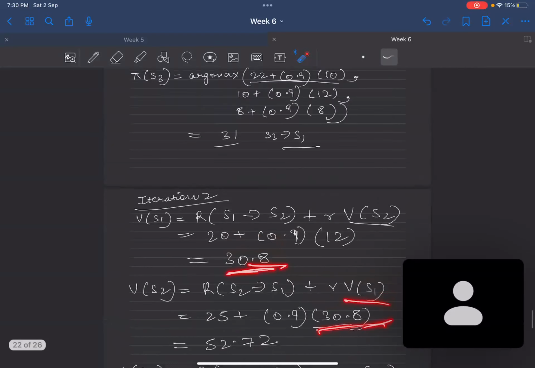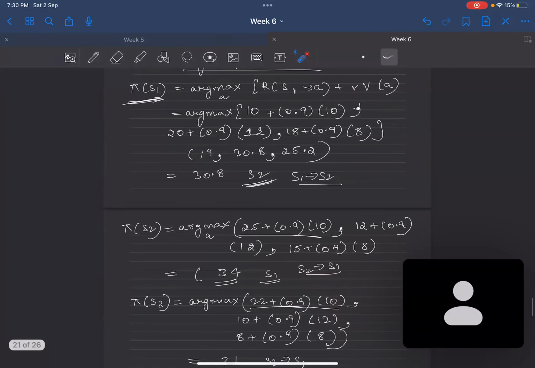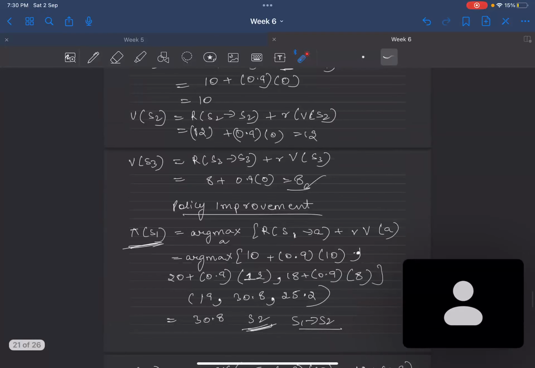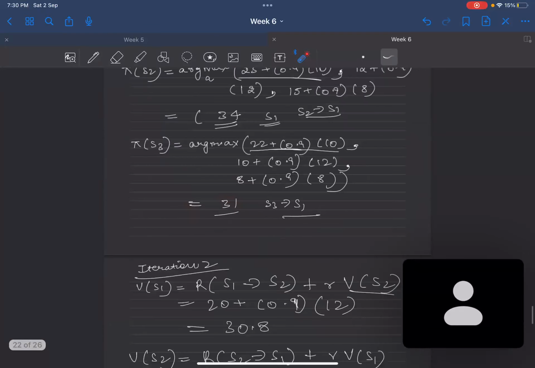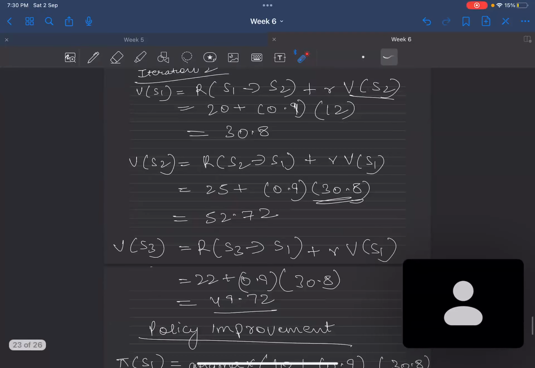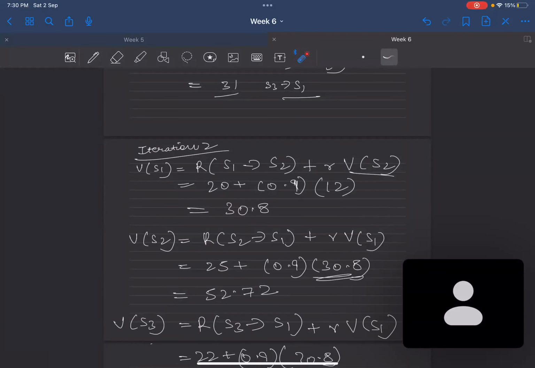I'm not referring to the last iteration's value, that is 10. A synchronous update is where we have to refer to the last iteration. Intuitively, we would refer to the last iteration, but here I got the value of V of S1, so let's take that updated value. That is an asynchronous update. Okay, got it.